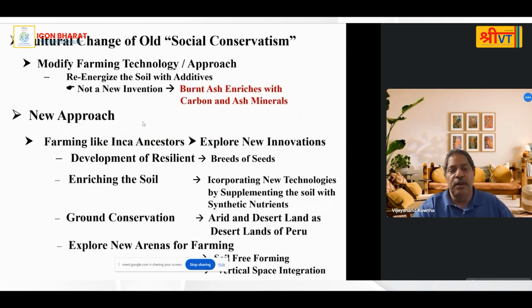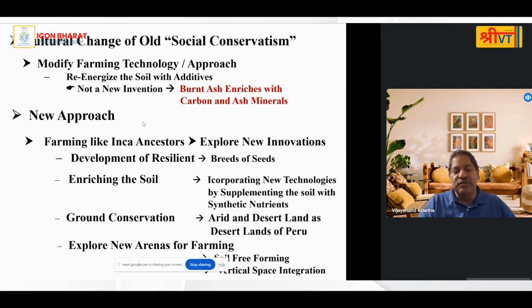So changing the culture from social conservatism, we need to modify farming technology, energized with additives, not a new invention. We need to take burnt ash, enriched carbon and ash minerals.